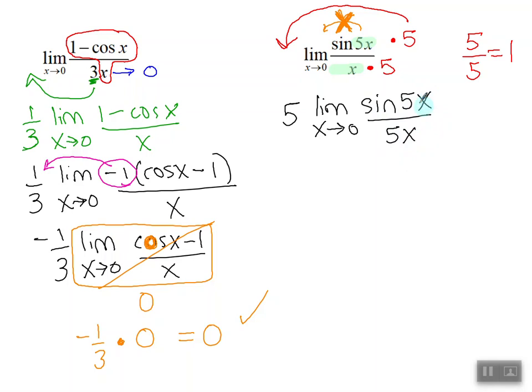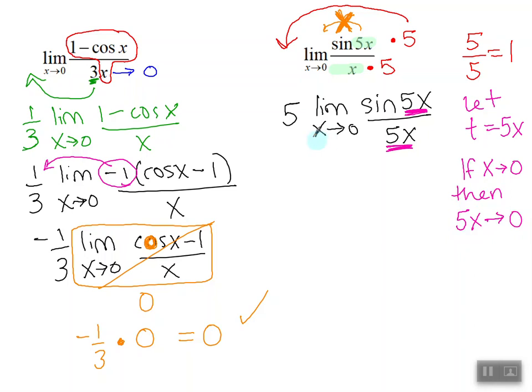Now this is better, these match, but this doesn't match. Now think about this. We can rename 5x to be just one variable. Let's let t equal 5x and replace the 5x's with t. And let's think about the fact that if x is going to 0, then 5 times x will also be going to 0.